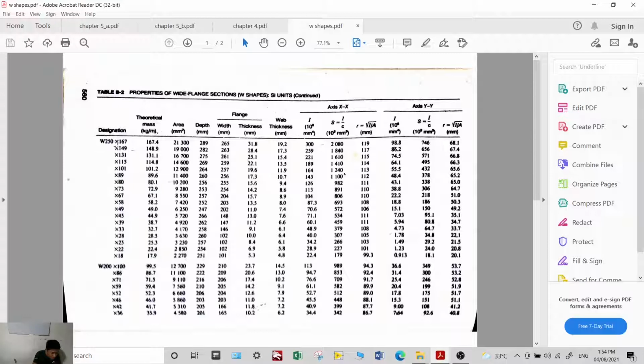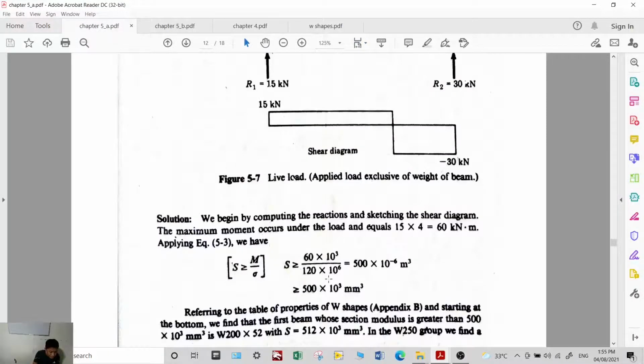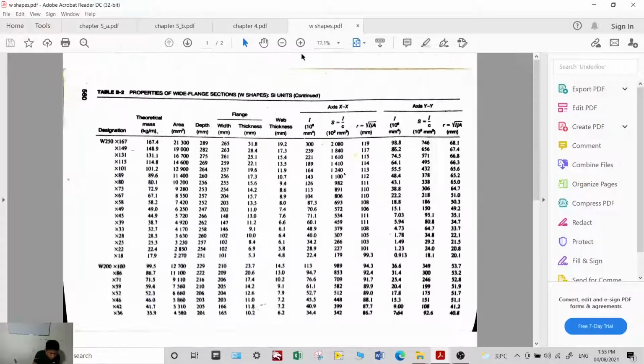Mao man ni ang mga designation di ba? 250 ang depth. Kani 250 but actual is 289 times 167 kilogram per meter na siya. Mao na siya ang timbang sa imong beam. Nya ang atong pangitaon man is the lightest. So pinakagaan nga naay section modulus of 500,000 millimeter cube.